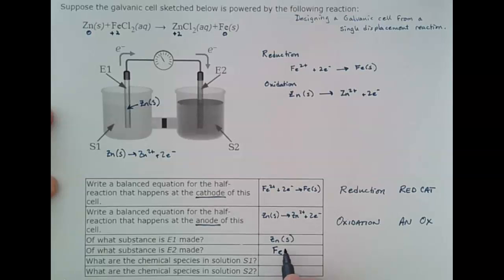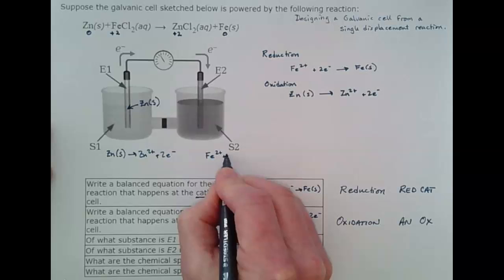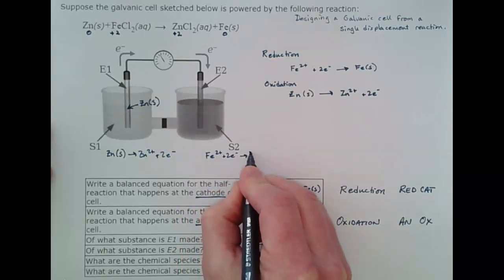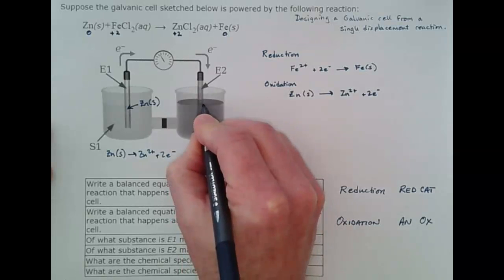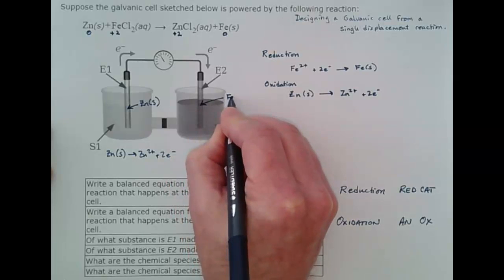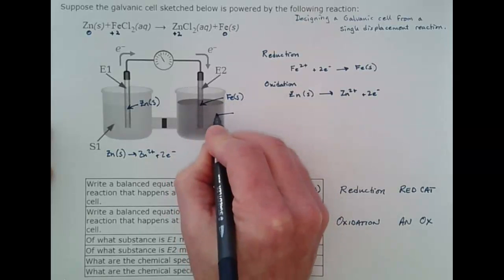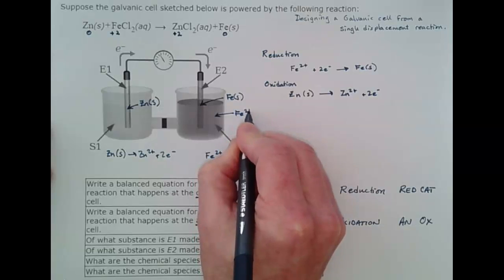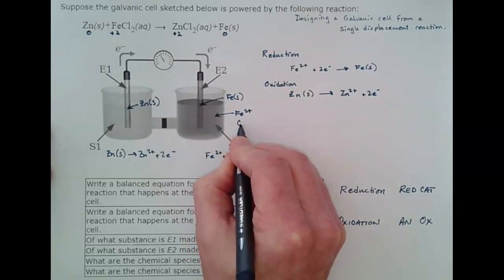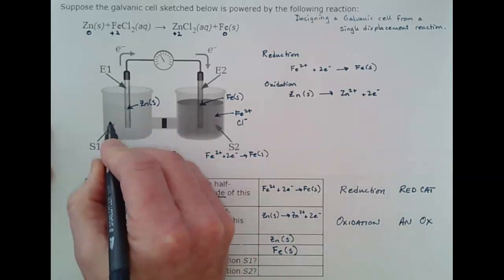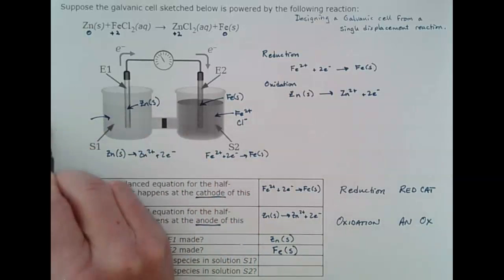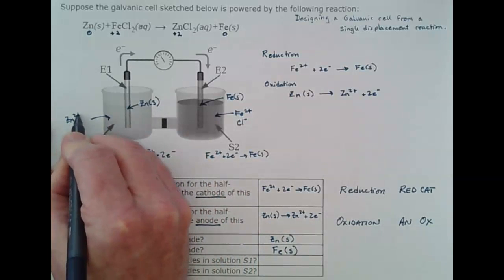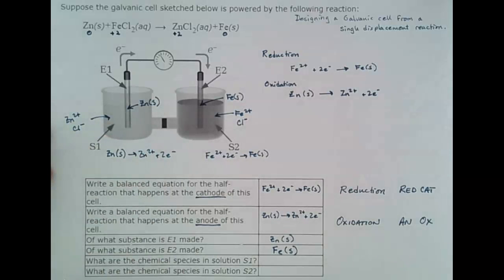For the same sort of reasoning, Fe2+ plus 2 electrons going to Fe solid, and the electrode then is Fe solid. The solution is Fe2+, and we're also going to have Cl- in the solution. On the other side, we're going to have Zn2+ and Cl-.